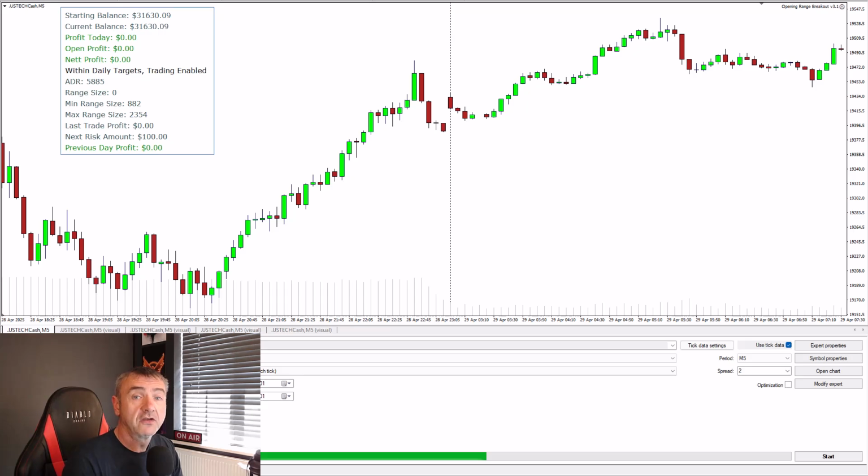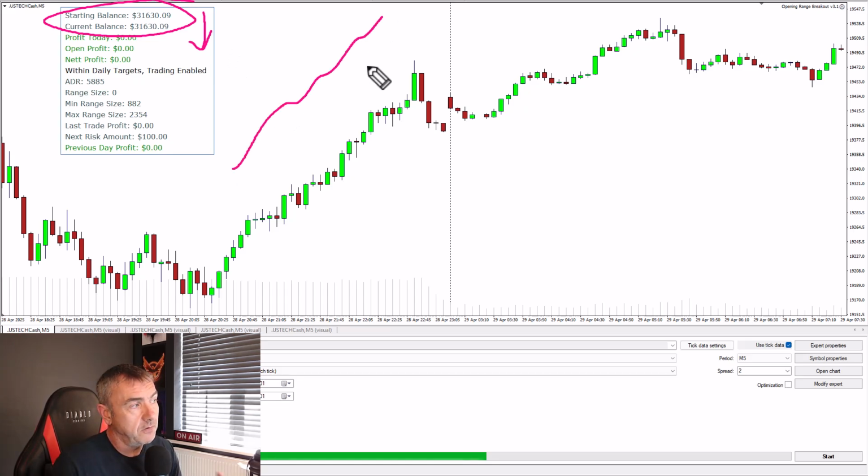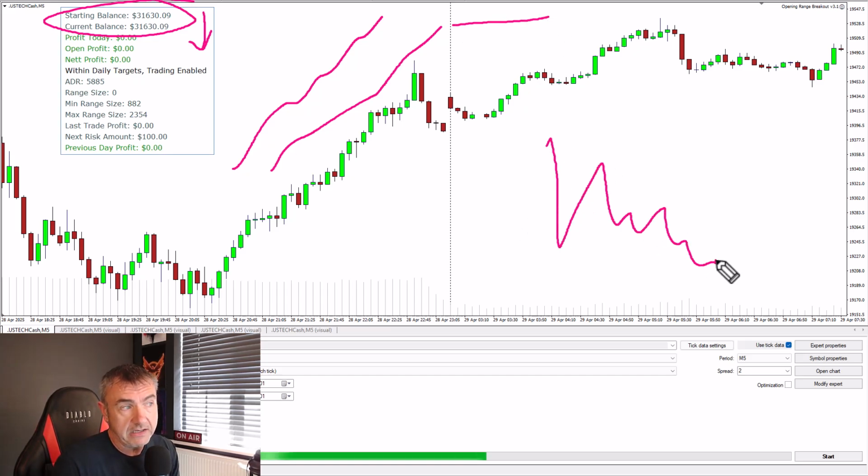If yesterday was a loss, we will try and recover yesterday's loss, but it will only look at one day at a time. Okay, it will not try and recover your entire account loss. So the previous version of the EA would look at your starting balance, and if you were below your starting balance, it would continue to get aggressive. The problem with this is it can get too aggressive too fast and stay aggressive for too long in a losing streak, which incrementally can get your lot sizes very, very high.